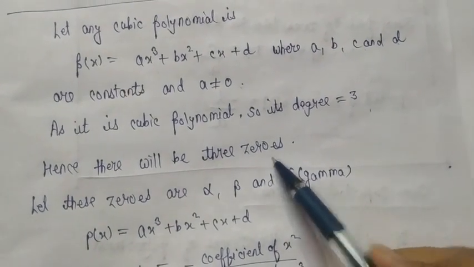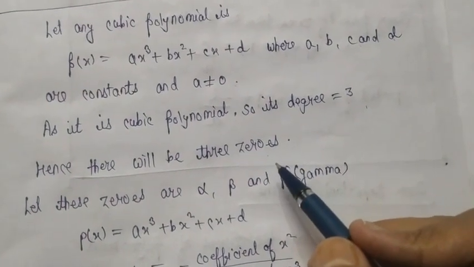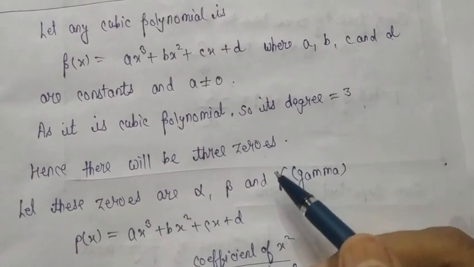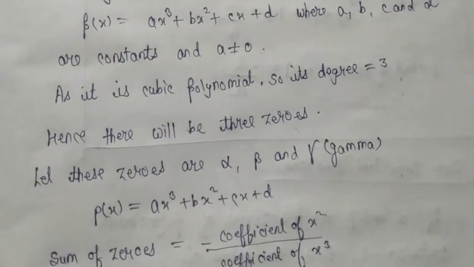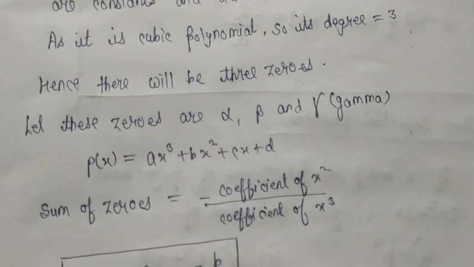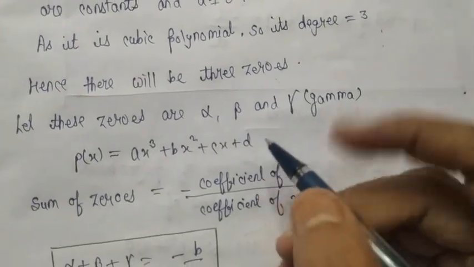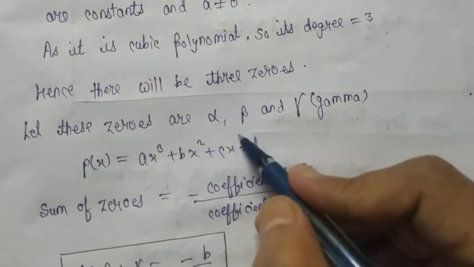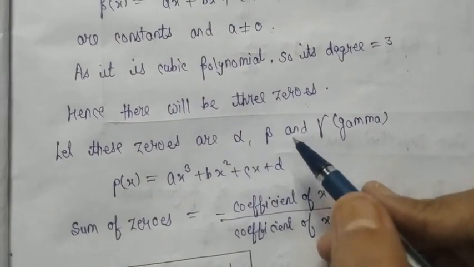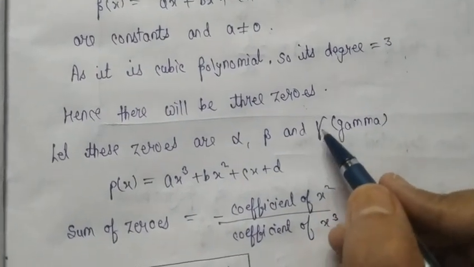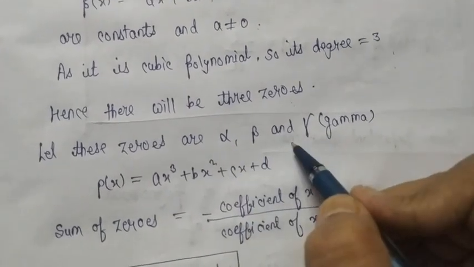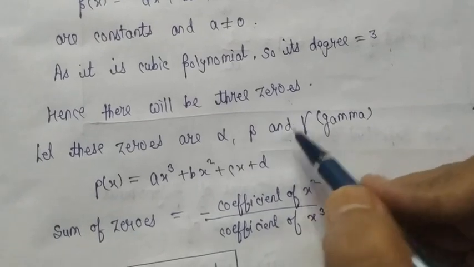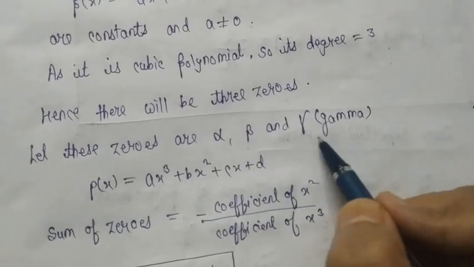Just as in quadratic the degree is 2, so zeros are 2; in cubic the degree is 3, so zeros will also be 3. So we first have to assume 3 zeros. 2 zeros we already know, alpha and beta. So in cubic there will be another zero, and its name is gamma. So in the cubic polynomial we will take 3 zeros, that is alpha, beta and gamma.